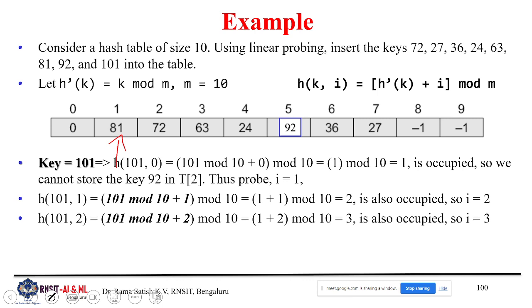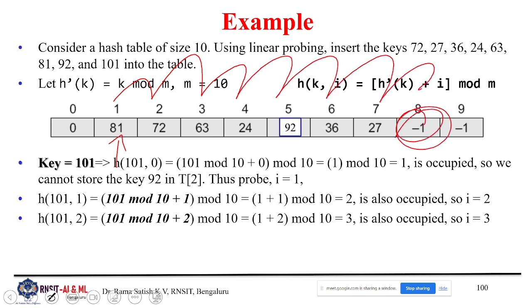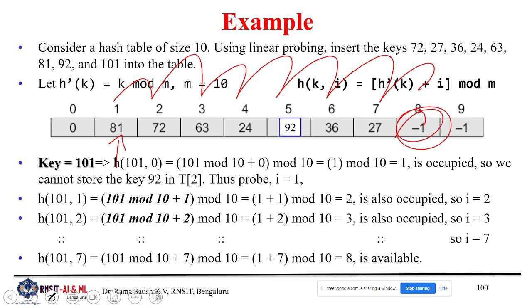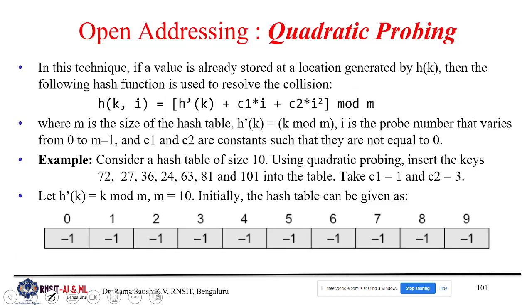So it will probe the next cell, next cell, and finally it is available here, so it is going to be stored there. Similarly, it is available in the next cell. It keeps probing the next and finally stores where it is available. With this technique, we can avoid null values. That's the concept.